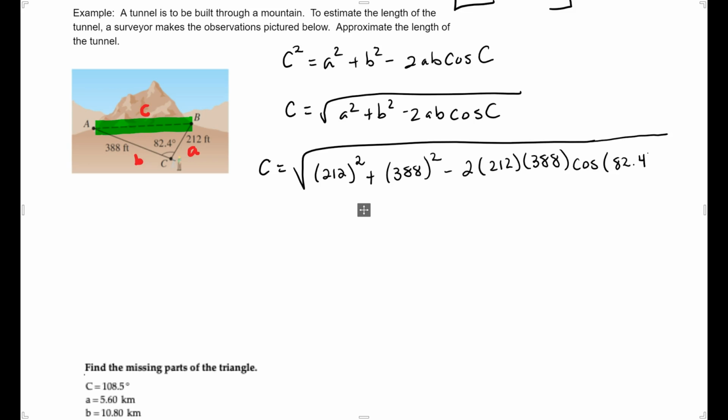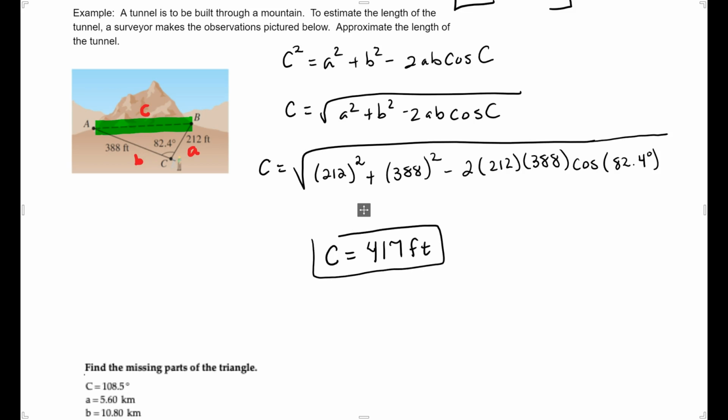So your calculator does need to be in degree mode. Once you plug that in your calculator, rounded to the nearest whole number, I get something like this, 417 feet.